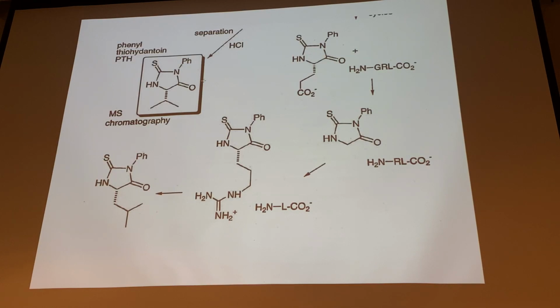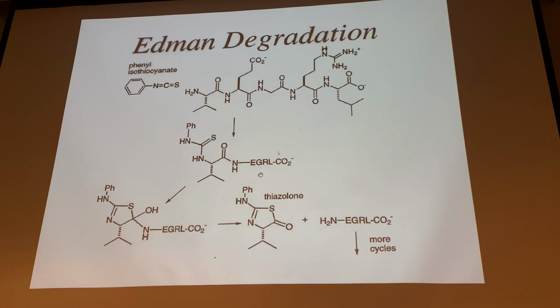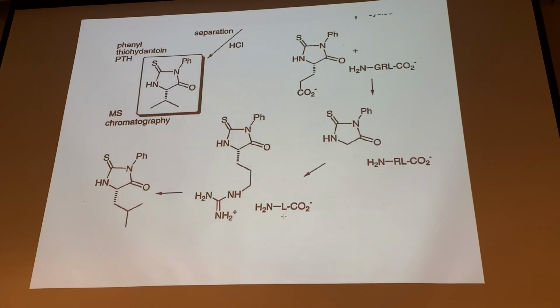Now, you can go through those steps mechanistically, and I think there's some homework where you can look at those mechanisms to rearrange the thiazolone into the phenylhydantoin. But the first one to come off is this one right here, which has the isopropyl there. So that's what amino acid? That's valine, okay, coming off there.